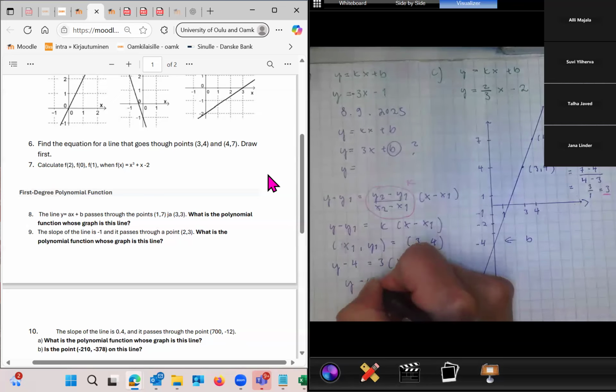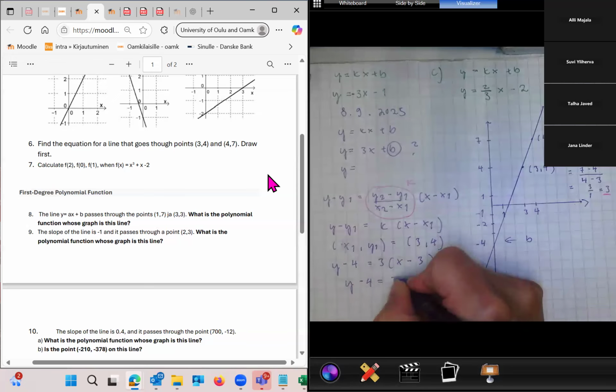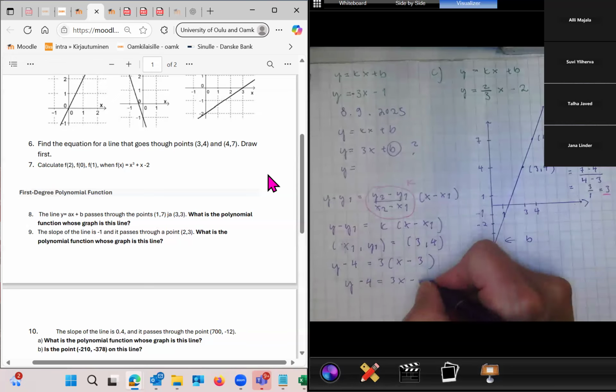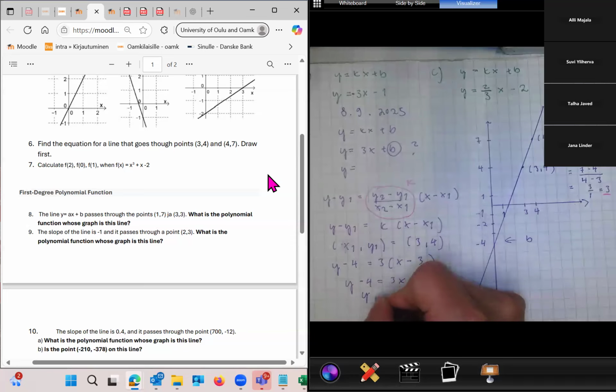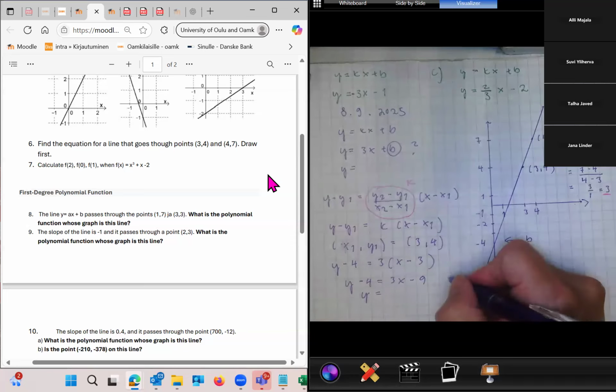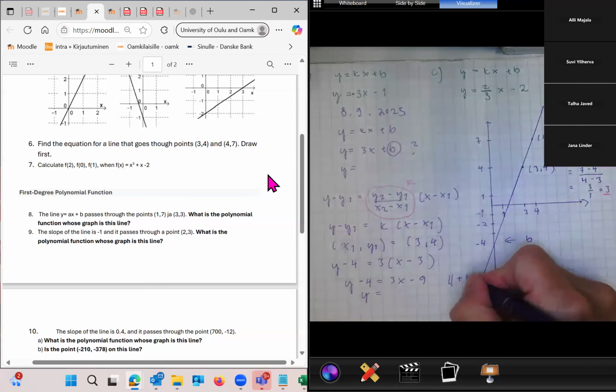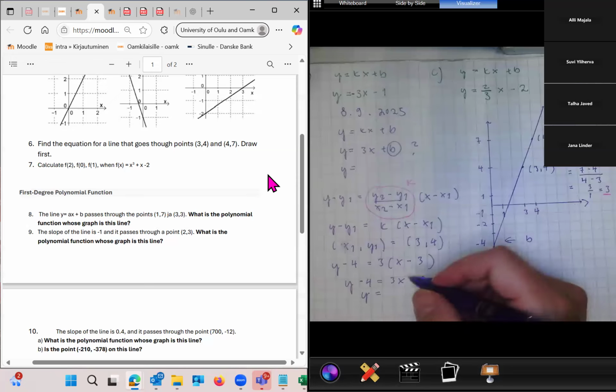So y minus 4 is 3x minus 3 times 3, which is 9. And then I just add the 4 to both sides.